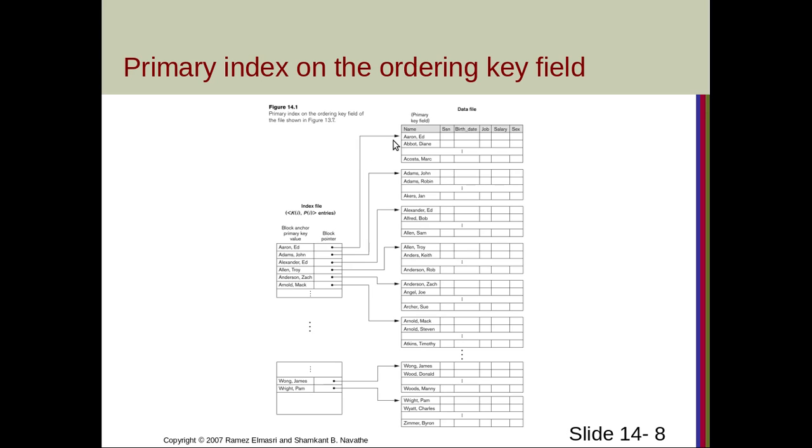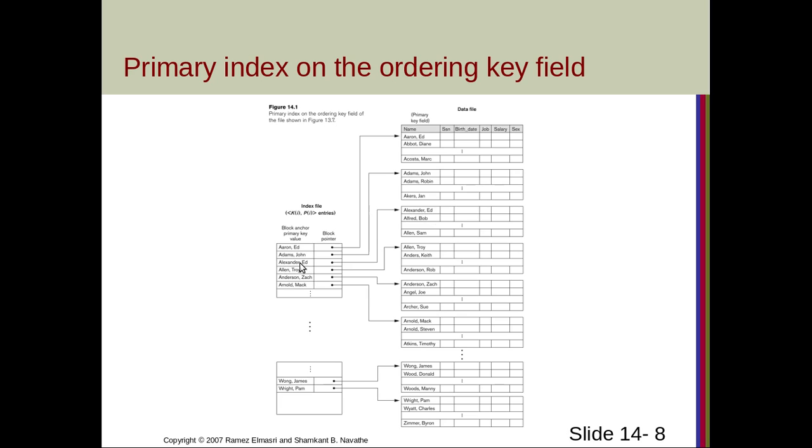In the second block, the first record has the primary key field Adams John, that is the anchor record, and that entry has to be kept in the index file, pointing to the second block. Likewise the first entry in the third block is Alexander Ed, which also has to be kept in the index file.